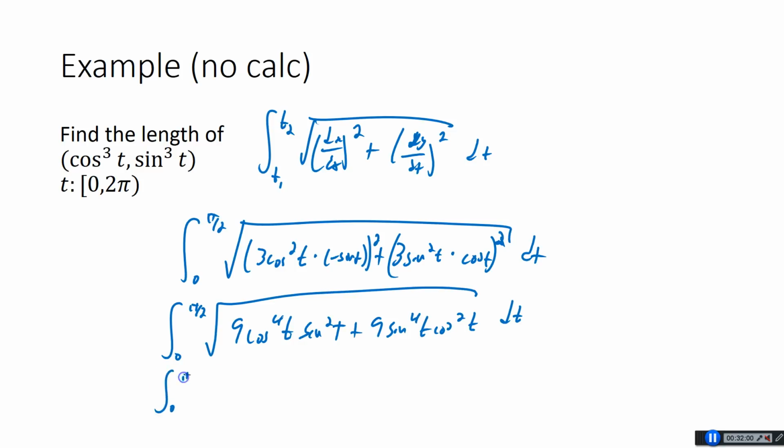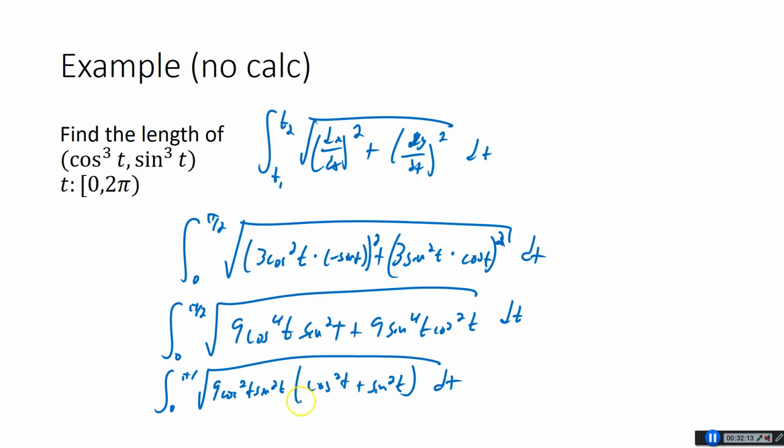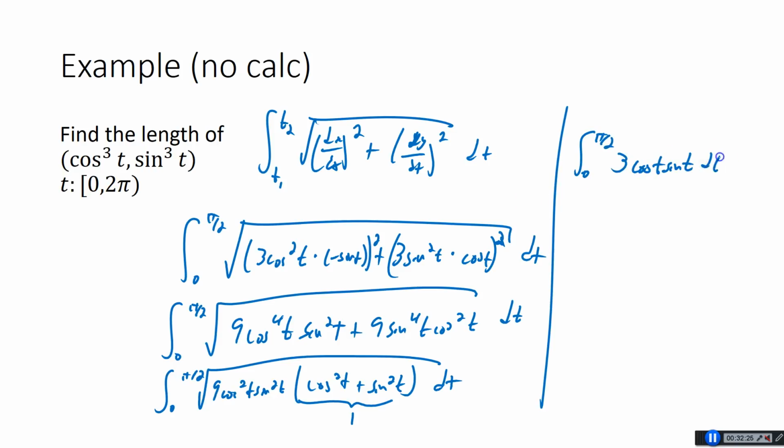So we have the integral 0 to pi over 2, square root of 9 cosine squared t sine squared t, times cosine squared t plus sine squared t. And that part is just 1, because cosine squared plus sine squared is always 1. The square root is going to cancel that out. So we have the integral 0 to pi over 2 of 3 cosine t sine t dt.